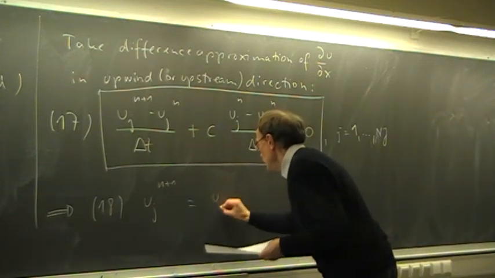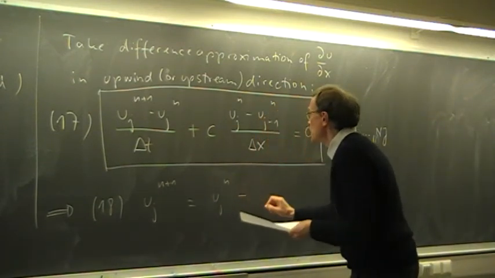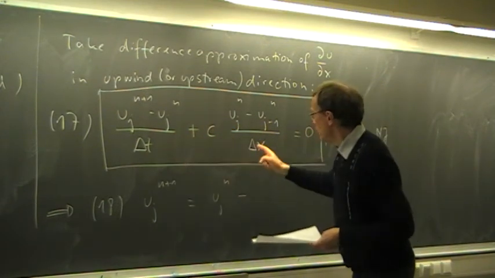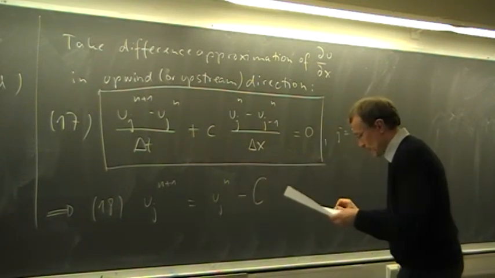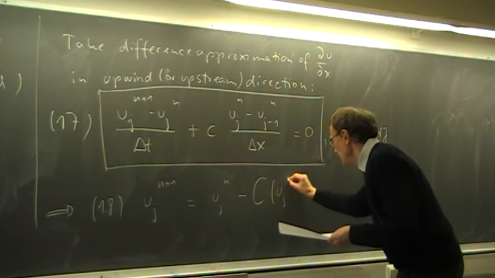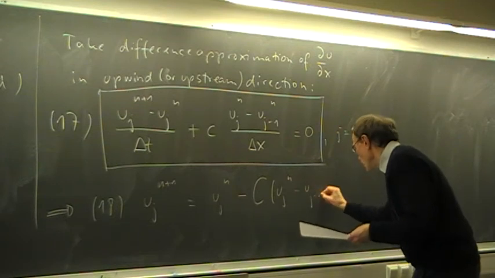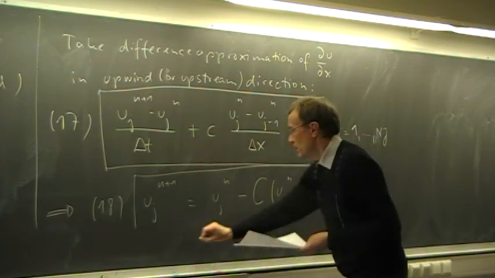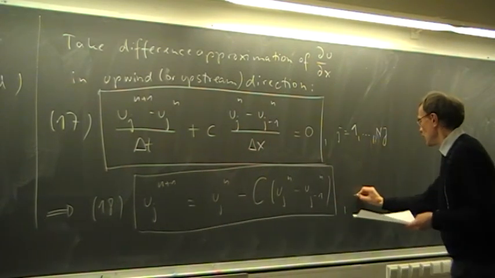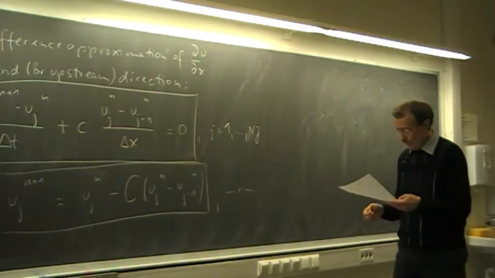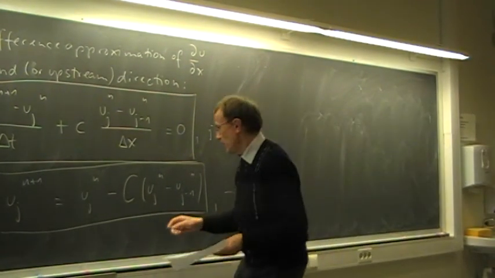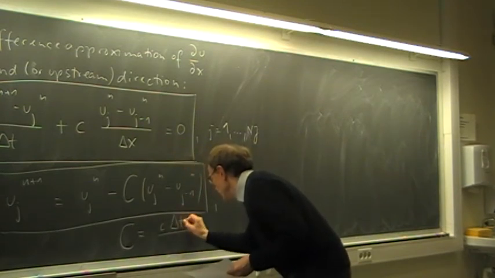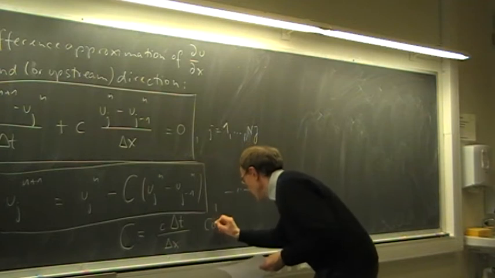Then we have u_j^n minus the advection velocity c times Δt divided by Δx, that is the Courant number, times (u_j^n - u_{j-1}^n). That is to be taken at the similar j's as we have here. So again, to remind you, the Courant number is c times Δt divided by Δx.